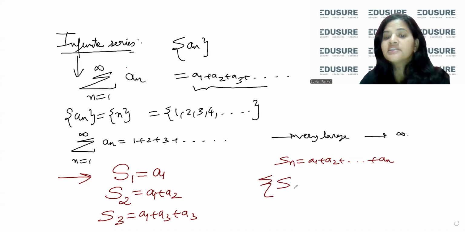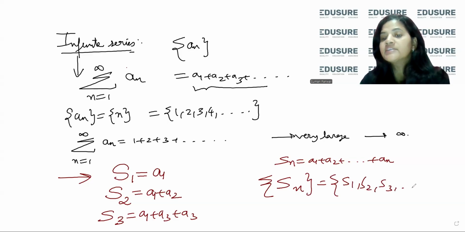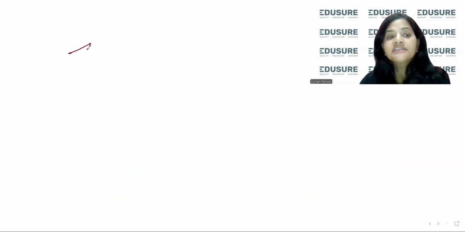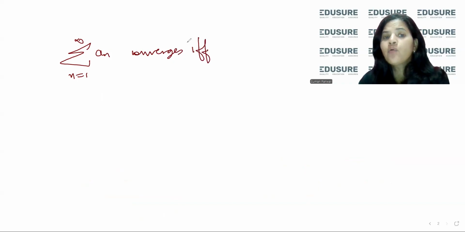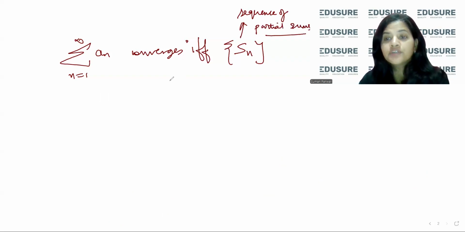Now let us consider the sequence Sn, which is nothing but S1, S2, S3, and so on. So we say that the infinite series summation n going from 1 to infinity an converges if and only if the sequence Sn, which is called the sequence of partial sums, converges.